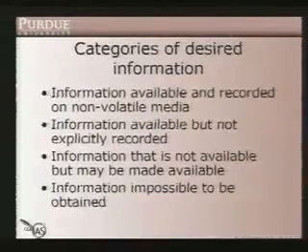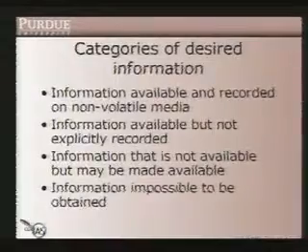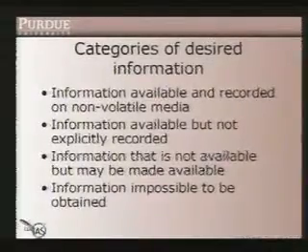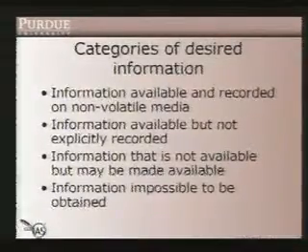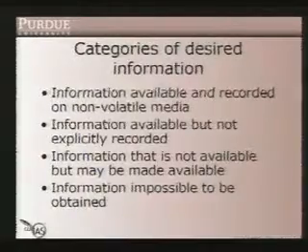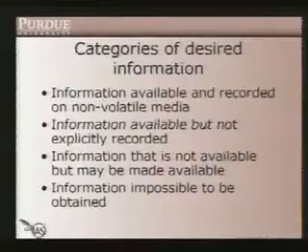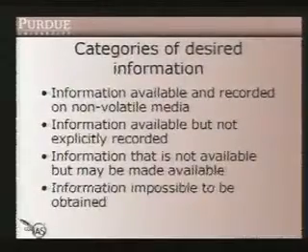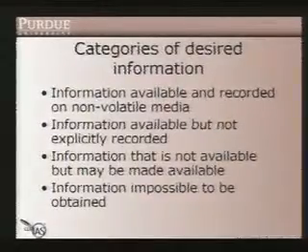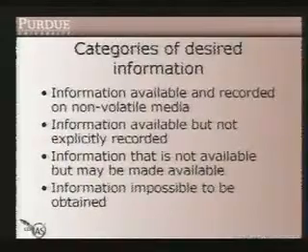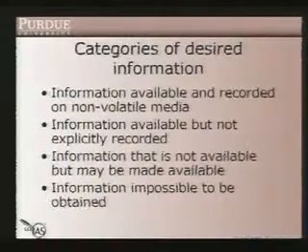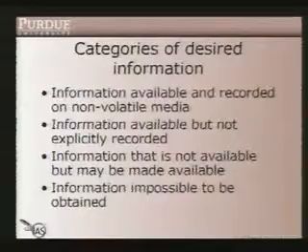An example of this would be the file access, modification and change times of a file system. In the next category, we have information that is available, but it's not explicitly recorded. For example, this could be the user ID of the person who modifies a file. The system knows about it, but when an operation on a file is performed, this information is not recorded anymore.